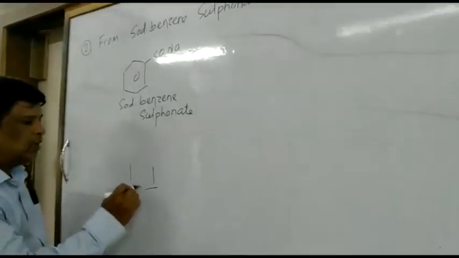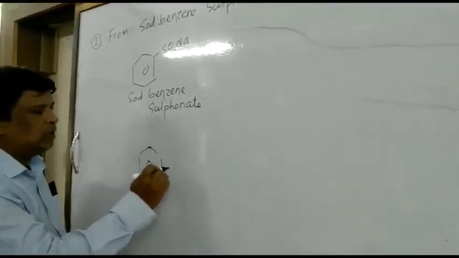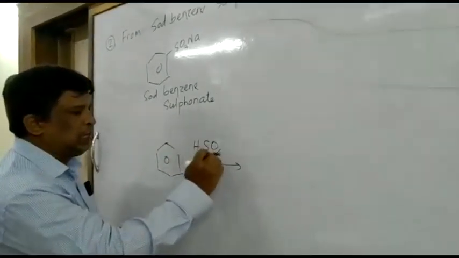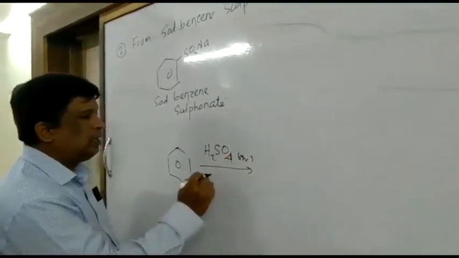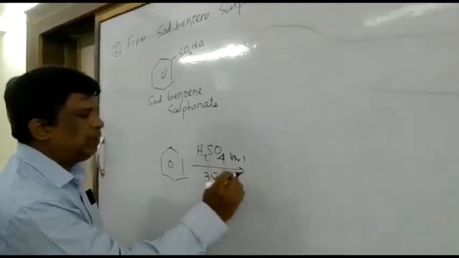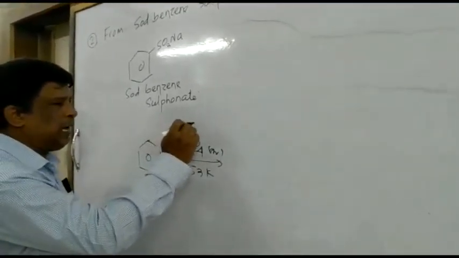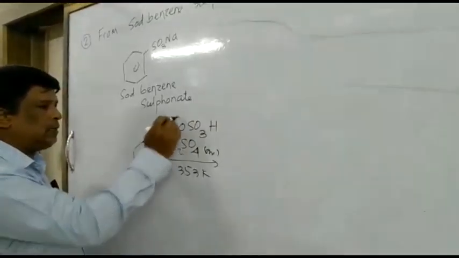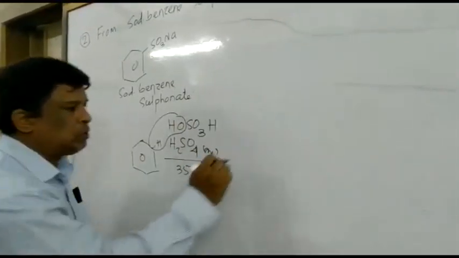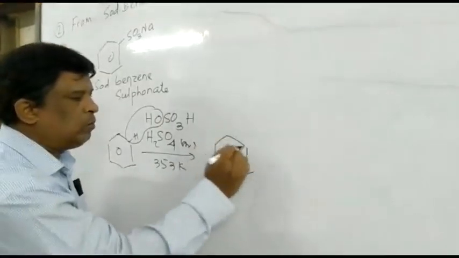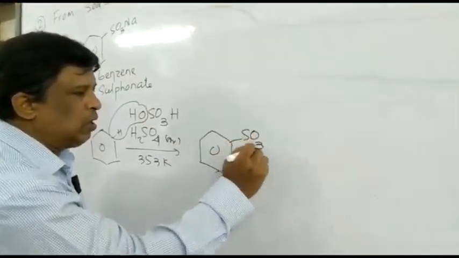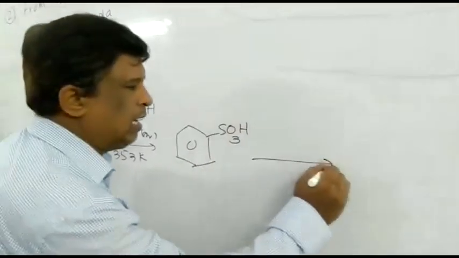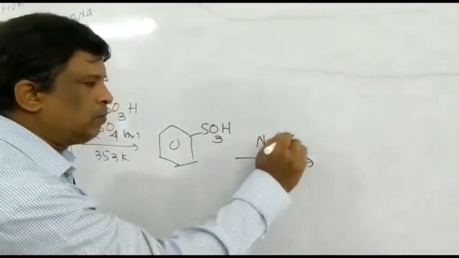Mark that when benzene undergoes sulfonation with concentrated sulfuric acid at 353 Kelvin, H2SO4 rewritten as HOSO3H, here HOH is removed as H2O to form benzene sulfonic acid. This acid is treated with alkali NaOH.